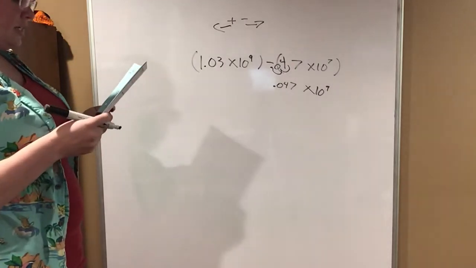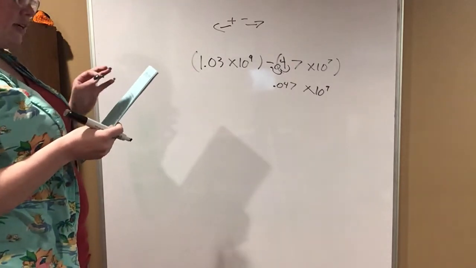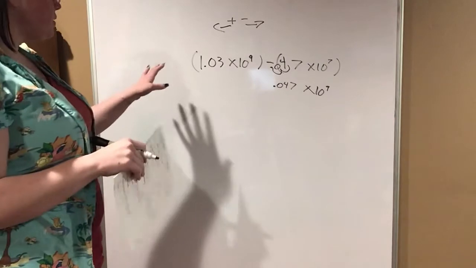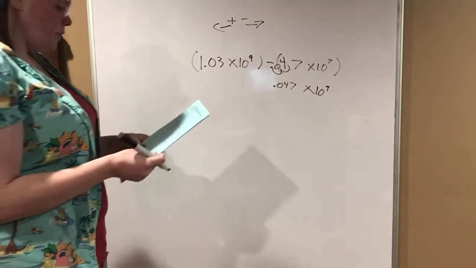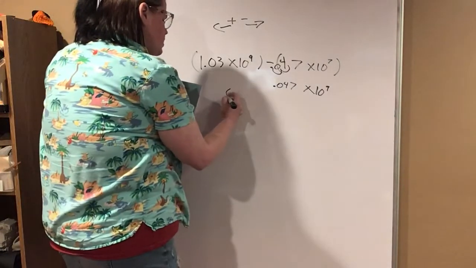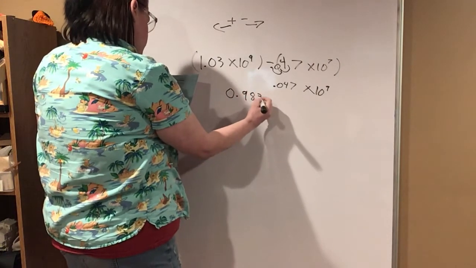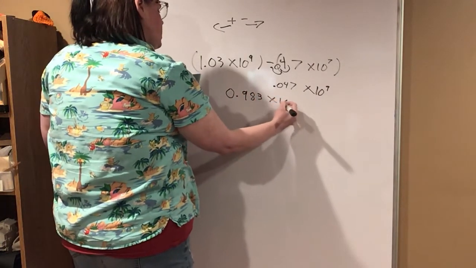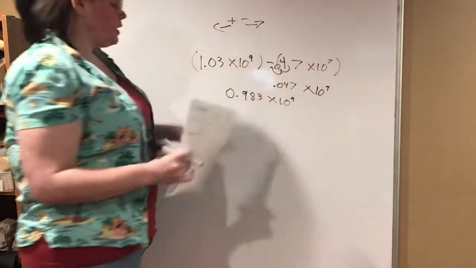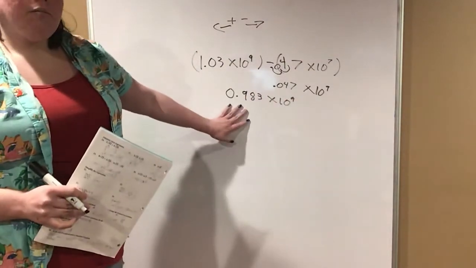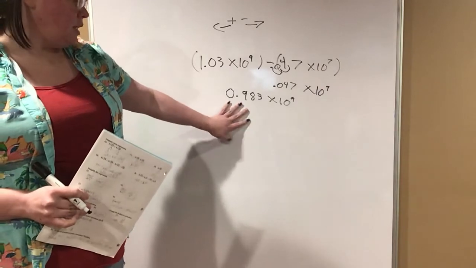So to subtract this, this actually turns out something a little different. So if we're subtracting this on our calculators, we're actually going to get 0.983 times 10 to the 9th. Well, our problem here is this is not a number between 1 and 10.